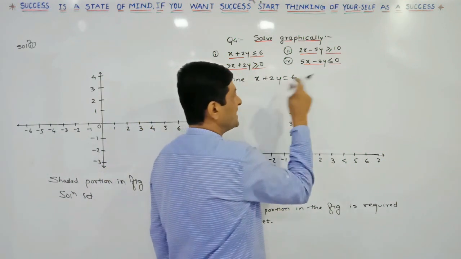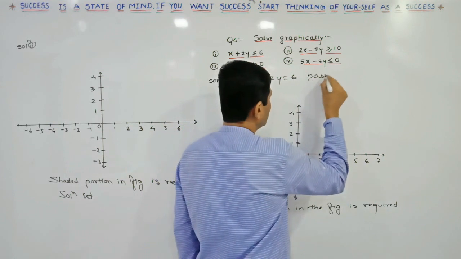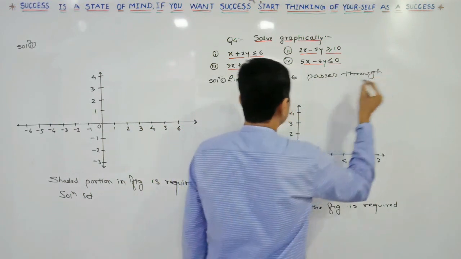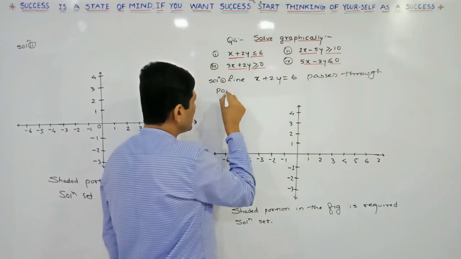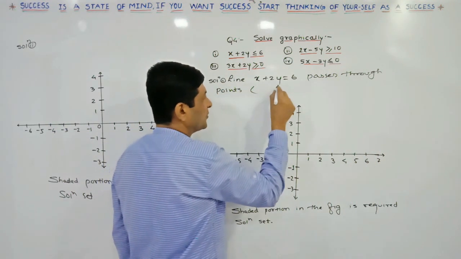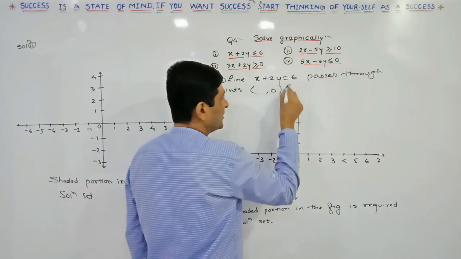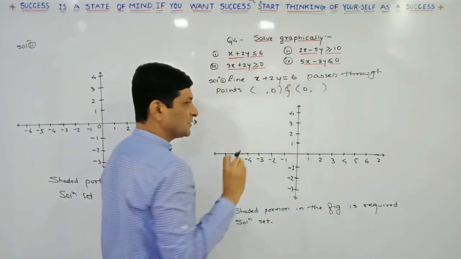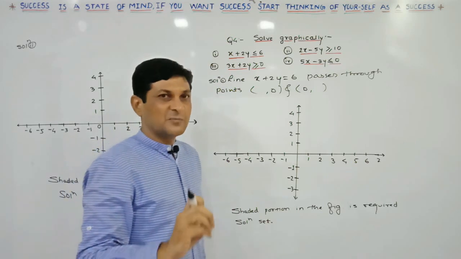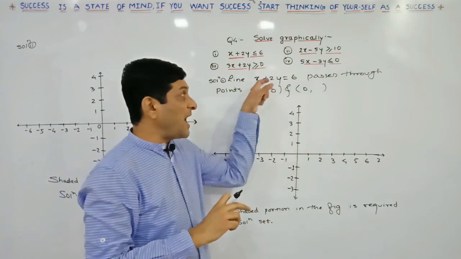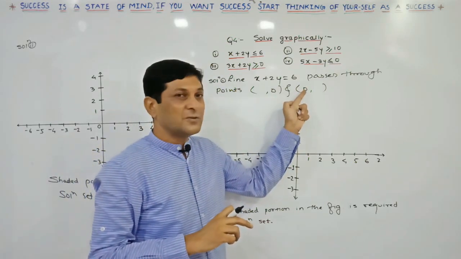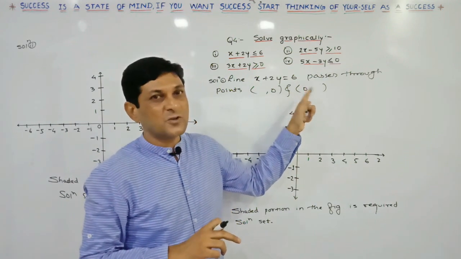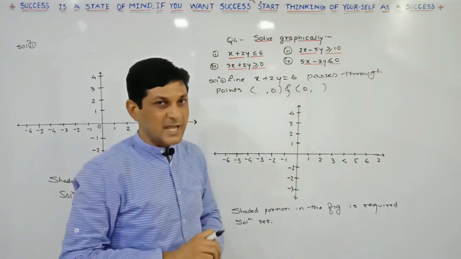So this line passes through the points. Let us try to find the coordinates of 2 points. First substitute y is equal to 0, then substitute x is equal to 0. So y is equal to 0 means we are finding the point on the x axis which lies on this line, and x is equal to 0 means we are finding the point on the y axis which lies on this line.